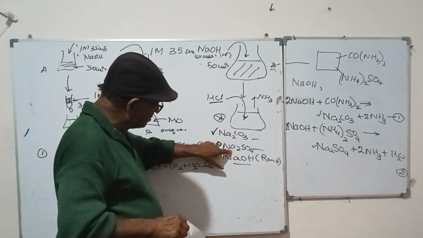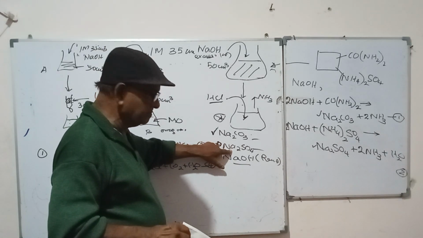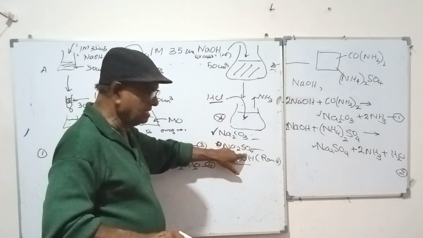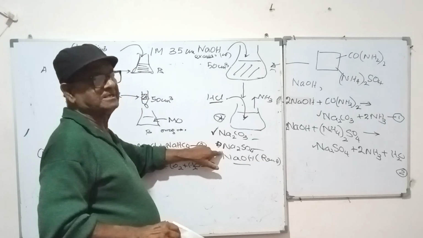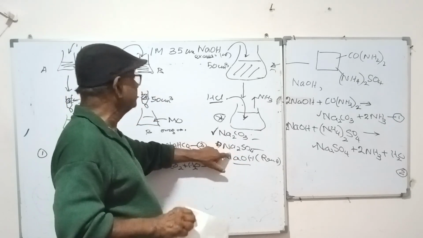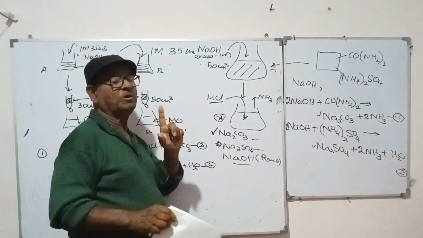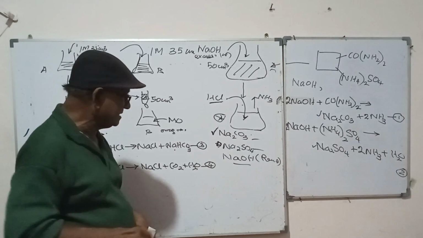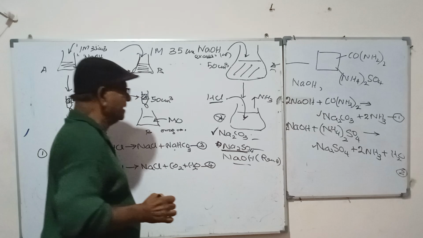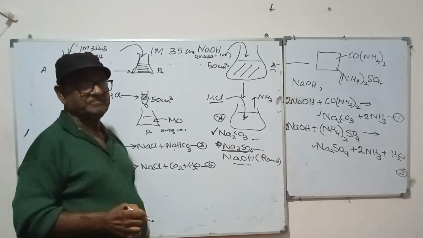See here, sodium came from sodium hydroxide, a strong base, and sulfate came from sulfuric acid, a strong acid. So it is a neutral salt. If the salt is neutral, it does not react with HCl. You must know these points very clearly. Then there is no reaction of sodium sulfate with HCl during the titrations.